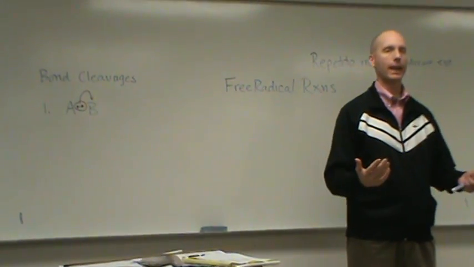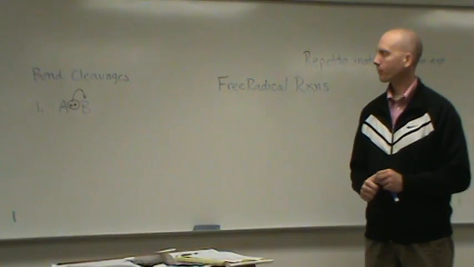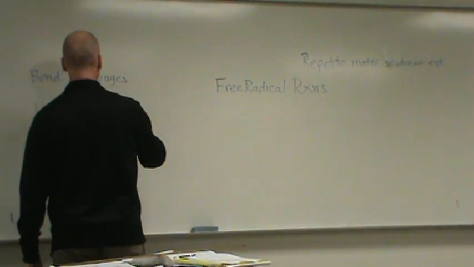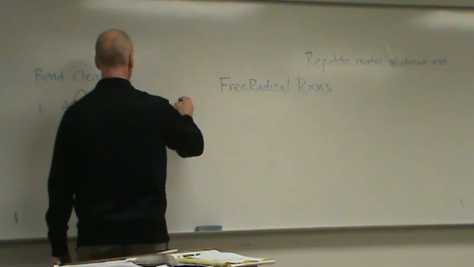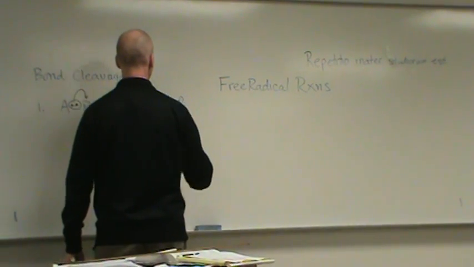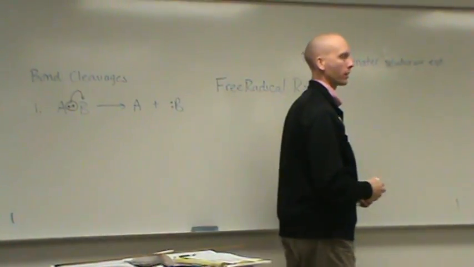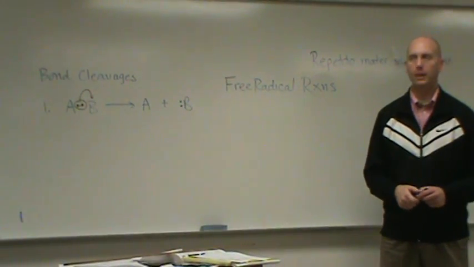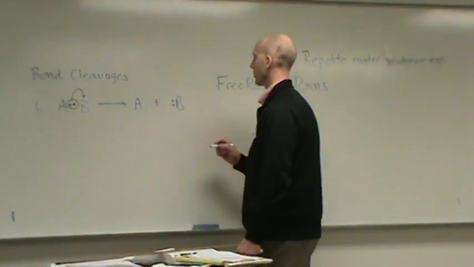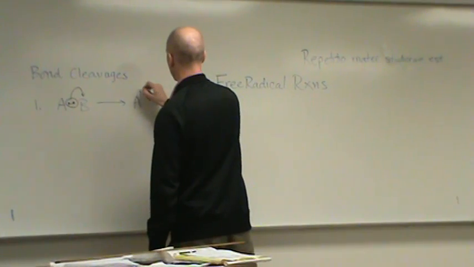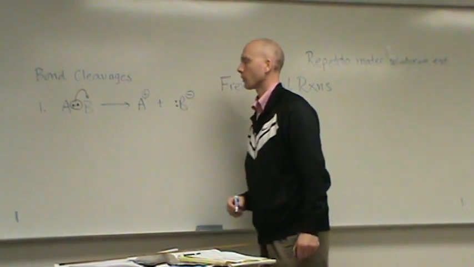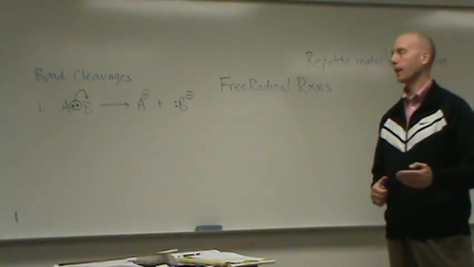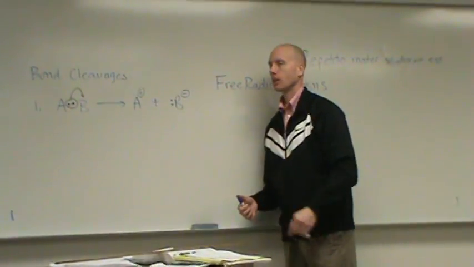We'll just choose the B atom. So if we do what that arrow says, B would get both of those electrons. What kind of charge would build up on B then? Negative. And A would get a positive charge.